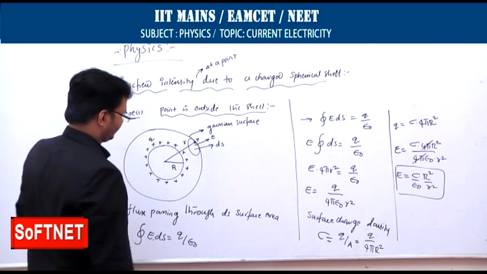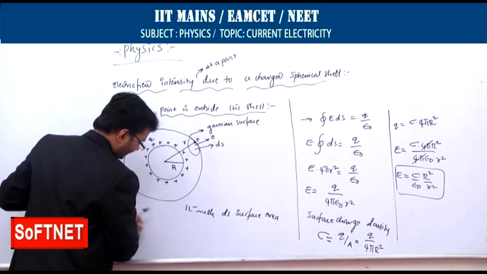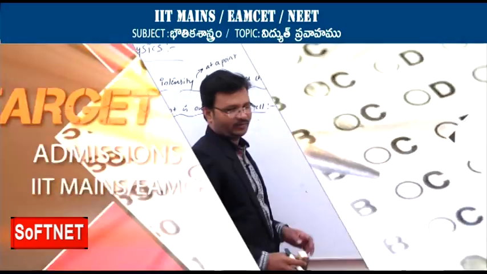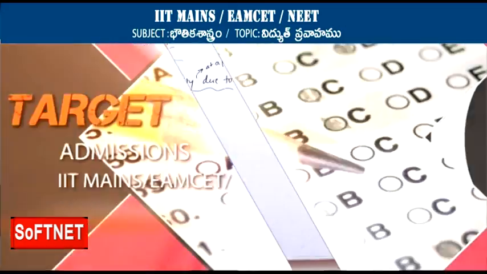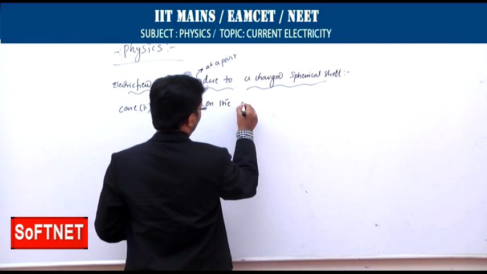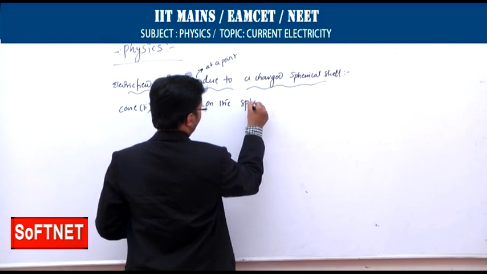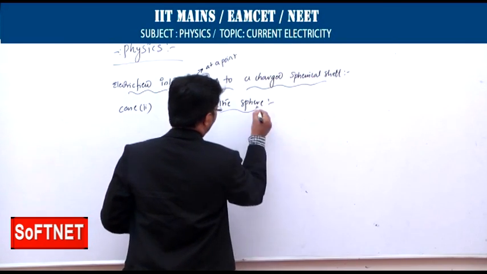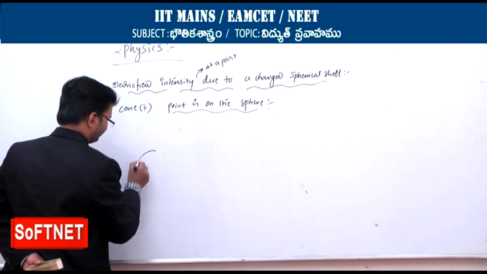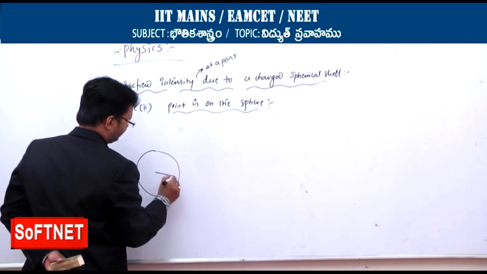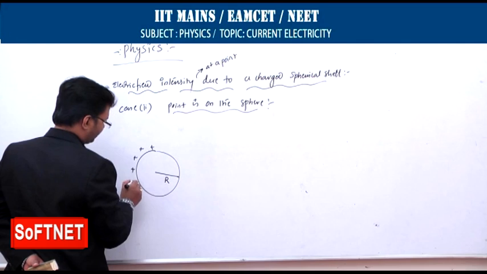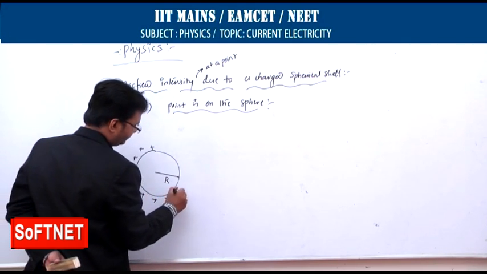The point is outside. Next, second case: the point is on the sphere. This is a sphere of radius capital R. Charges are placed on the sphere.